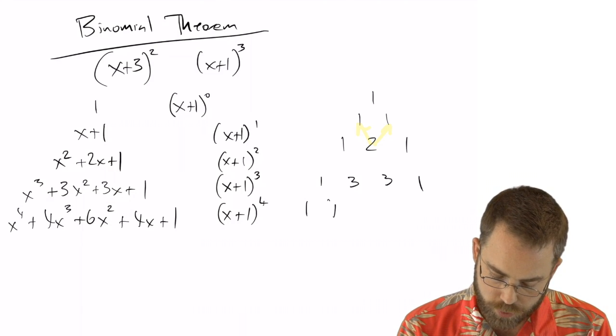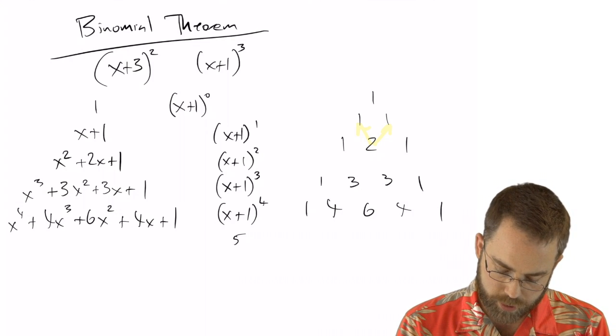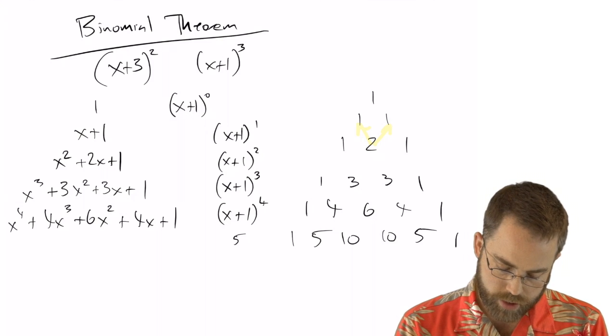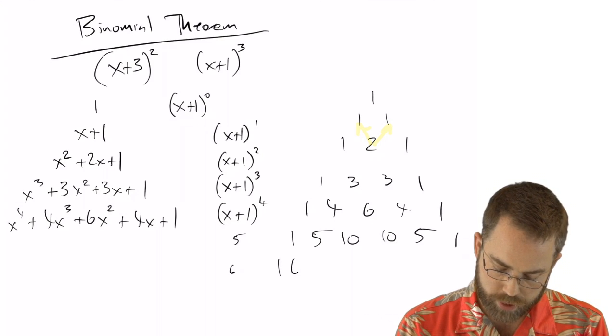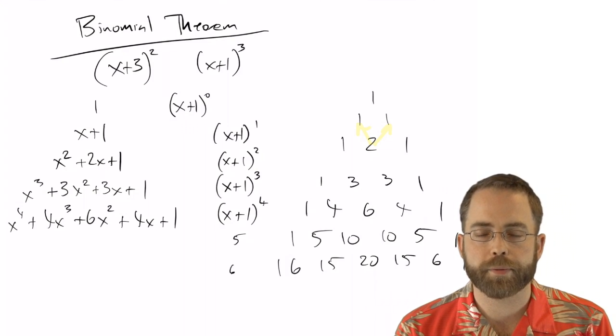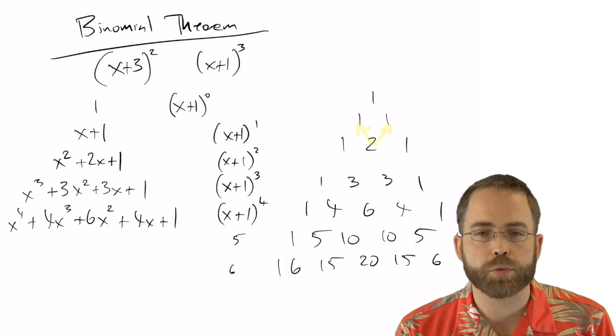So 1, 4, 6, 4, 1 is the one I just did. The 5th level of the pyramid is going to be 1, 5, 10, 10, 5, 1. The 6th level will be 1, 6, 15, 20, 15, 6, 1. On and on and on like that. So I think you get the idea about how the pattern works.